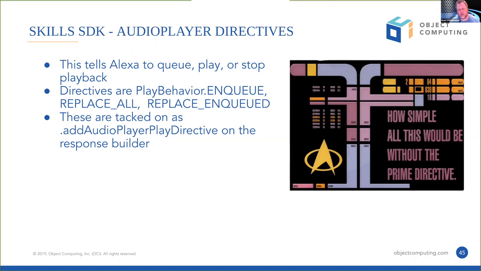So if you want to pause or resume, which Amazon requires you to do if you're doing audio skills, you're going to have to store somewhere in a database. I use DynamoDB myself, where the offset was, what the hash of the user was, and what they were playing, and then where they were at as far as like a time offset.